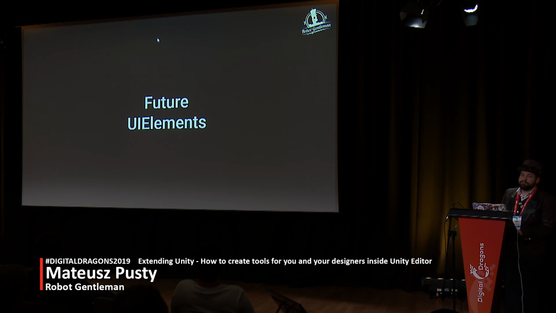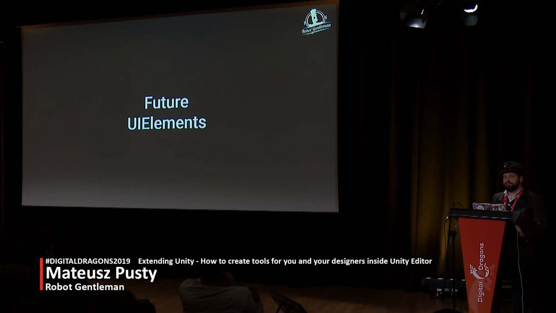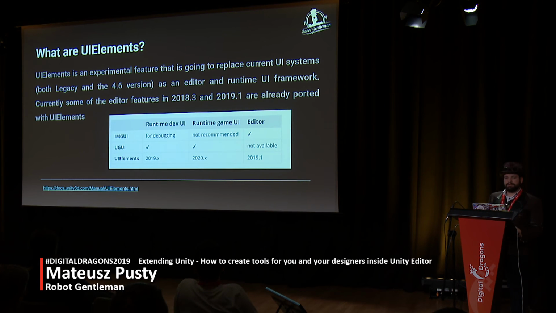But Unity decided that they want to change things. And they have brought the UIElements. This is a new thing that they have created for the UI editor. And UIElements are currently an experimental feature that is scheduled to replace both the editor and runtime GUI. The editor is already partially ported to the UIElements.